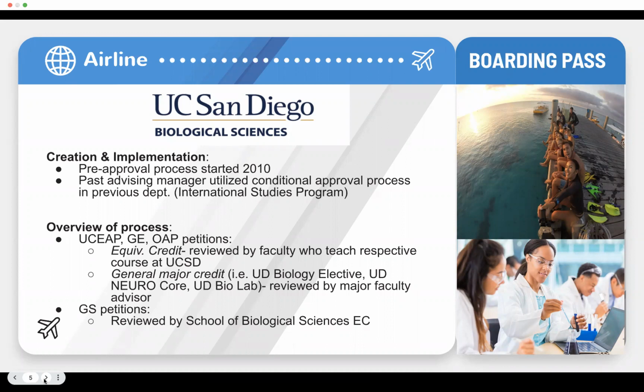Generally for research, there isn't a standardized syllabus that students follow when they're participating in research. So if a student participates in a research program abroad and they want that considered for bio major credit, then they would need to petition that once they return. Next slide, please.